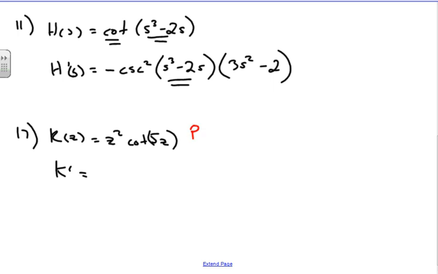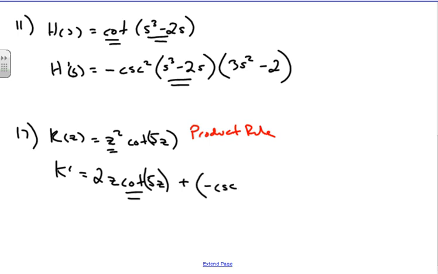We take the derivative of the first, which is 2z, times cotangent of 5z, plus now the derivative of cotangent of 5z. The outside function gives negative cosecant squared of 5z, times the derivative of the inside, which is 5. Then we finish the product rule by multiplying by z squared.